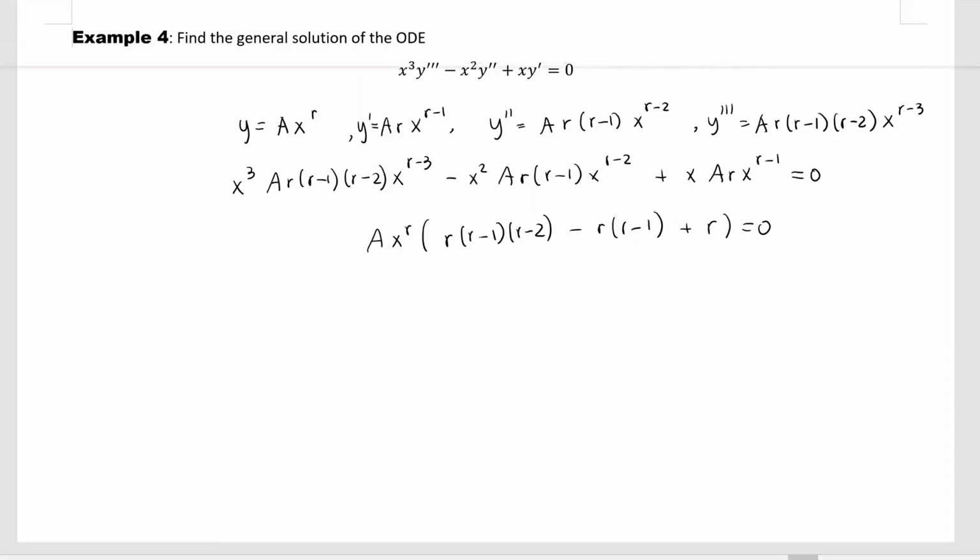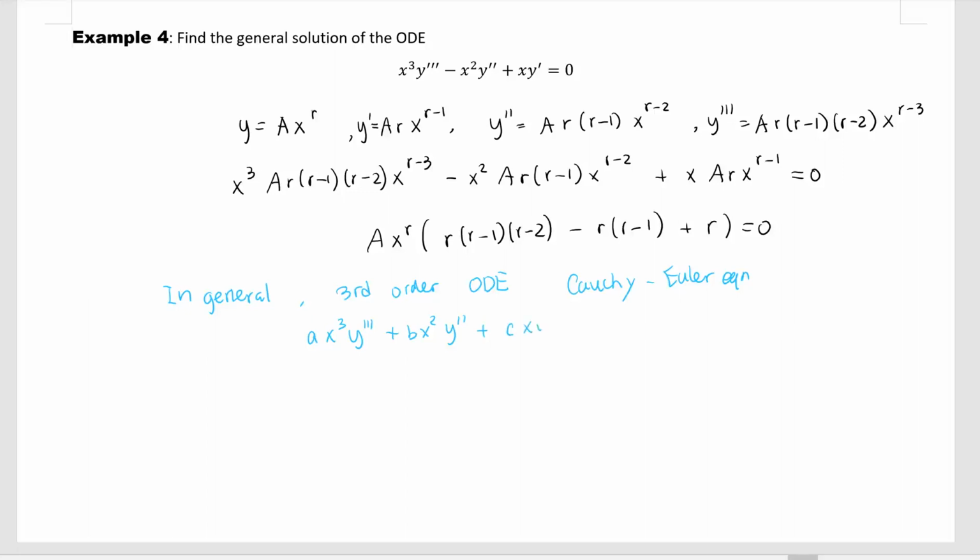So actually we can summarize in general. If it's a third order ODE with the Cauchy-Euler equation, we're given a x cubed y triple prime plus b x squared y double prime plus c x y prime plus d y equal to 0.